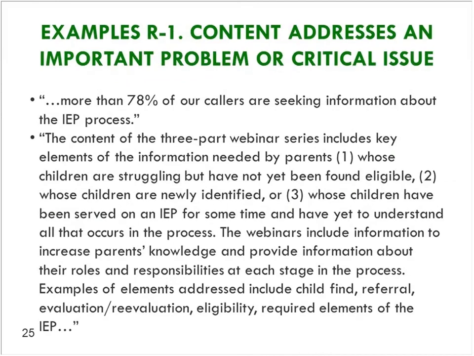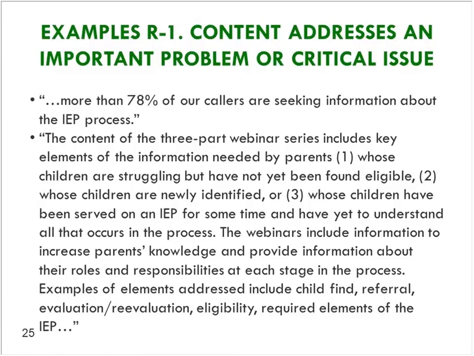So this is an example of some text from the first relevance dimension, which is that the content addresses an important problem or a critical issue. In the first bullet, you'll see that the center said that more than 78% of the callers were seeking information about the IEP process. And then clearly this was a service that pertained to IEP processes.